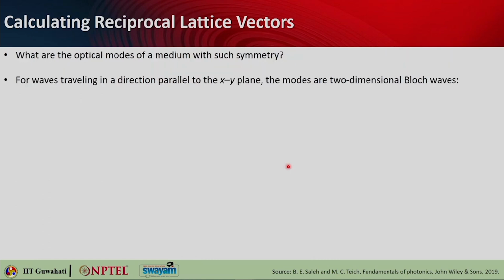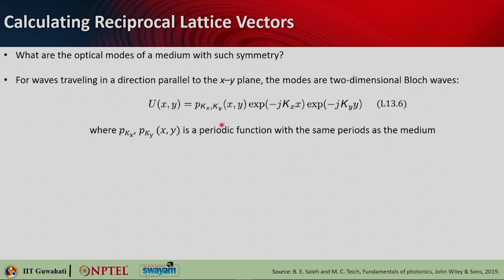If you consider waves traveling in the direction parallel to the xy plane, the modes of the two-dimensional Bloch waves are given by u of xy, which can be written as p of kx ky, xy, exponential minus j kx x, exponential minus j ky y, where this is the periodic function with the same period as the medium.